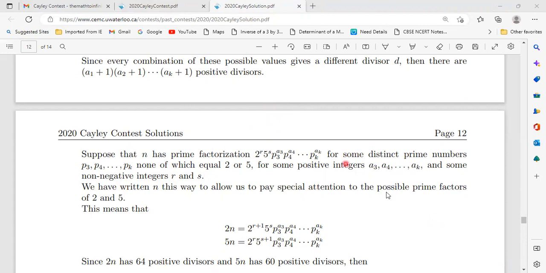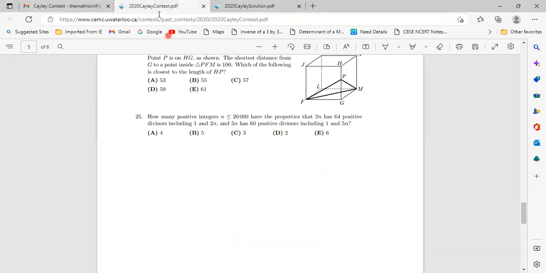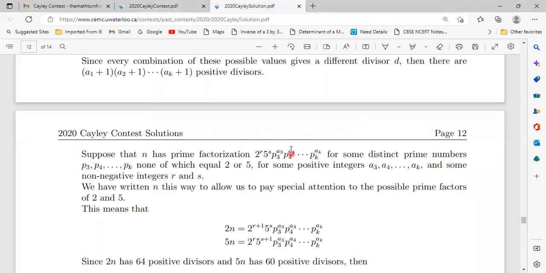So let's go back to the question and check. In the question, it is written that n has the properties that 2n has 64 positive divisors, including 1 and 2n, and 5n has 60 positive divisors, including 1 and 5n. So you are elaborating in this way.